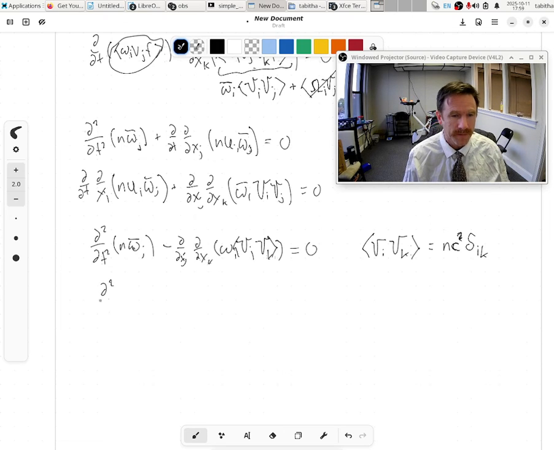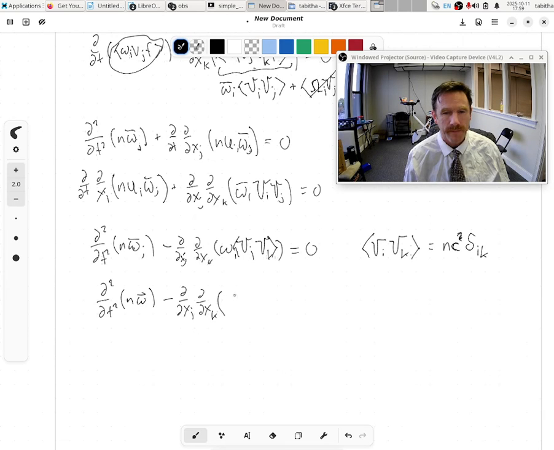We have the second derivative of time of our bulk spin and c squared delta ik.